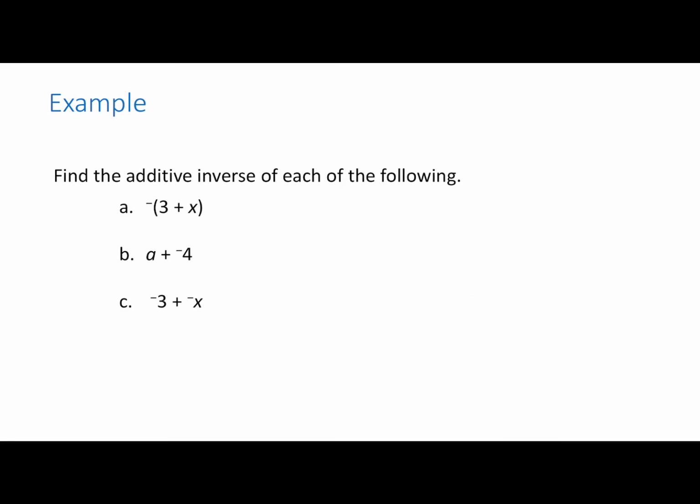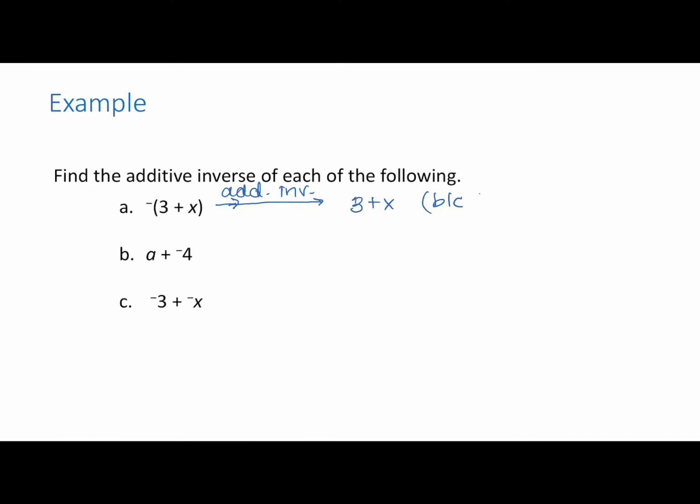All right, let's make sure that we can find some additive inverses. So what do I need to add to negative 3 plus x to get 0? Well, I need to add 3 plus x.